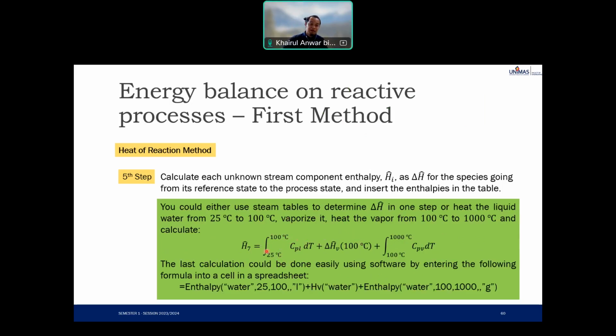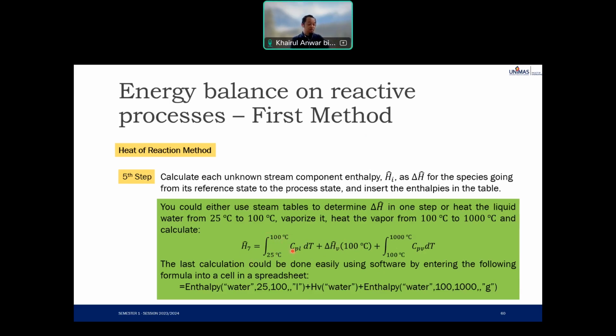In this case, refer back to table B1 to get the boiling point of water, which is 100 degrees C. Then the delta HV for water, page 634, is 40.656. So from 25, the reference temperature goes to the boiling point.